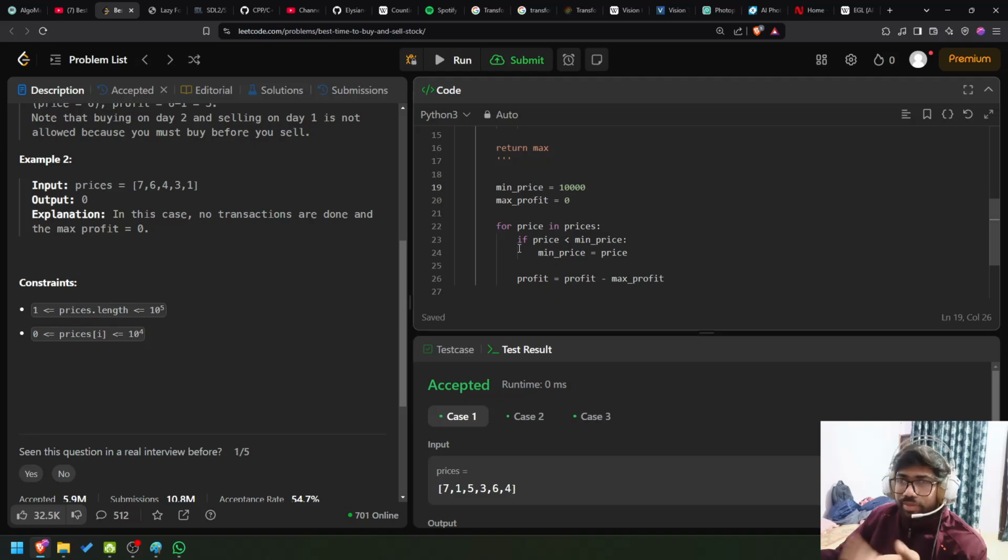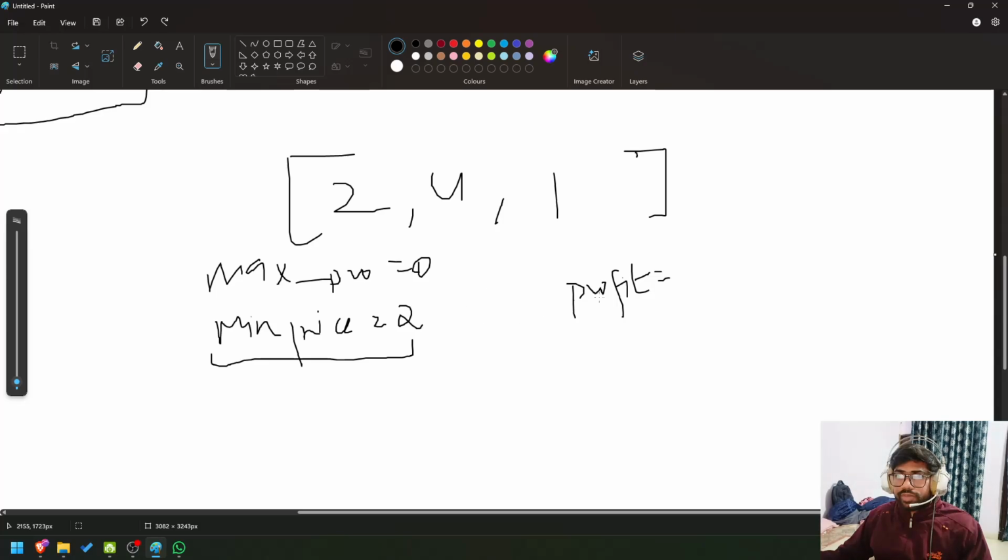I don't know the profit, so my profit would be max profit minus min price. Max profit minus min price. So in this case, my profit would be minus 2. So is minus 2 greater than 0? Obviously not. So we will move along, right?